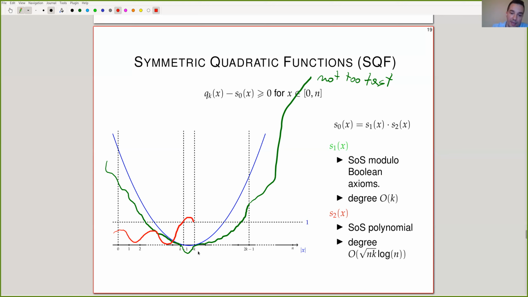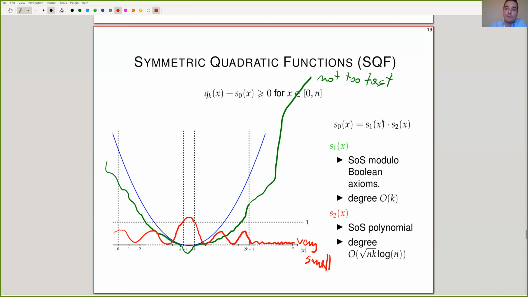And in the interval from k to 2k minus 1, again, it should be at most 1. But in the interval from 2k minus 1 to n, I would like this polynomial to be very small. And having these two polynomials, I will construct the polynomial S0(x) as the product of these two polynomials.